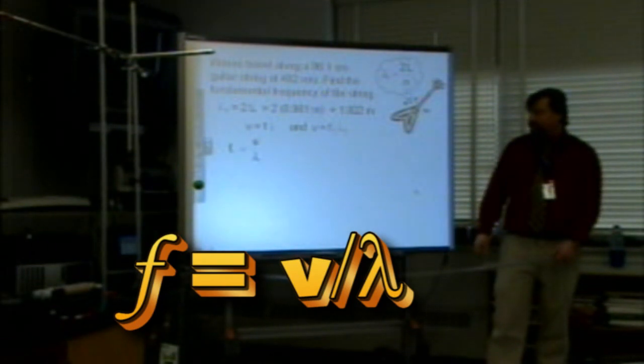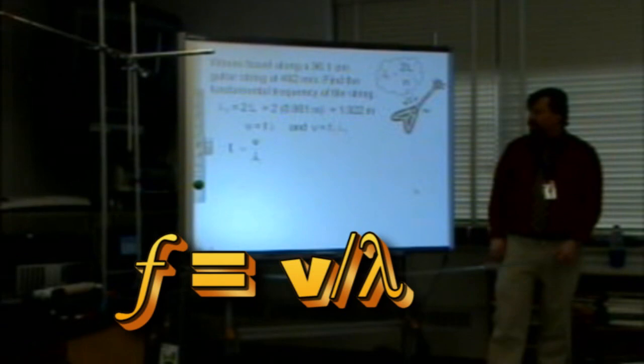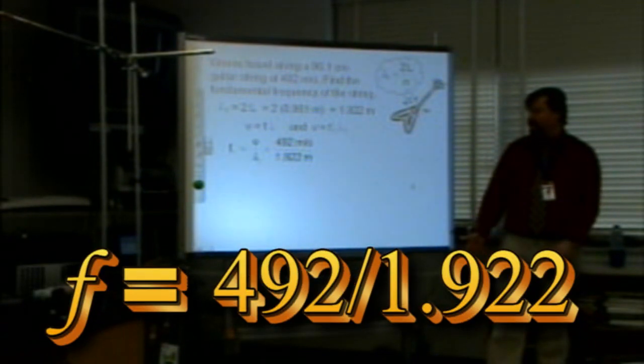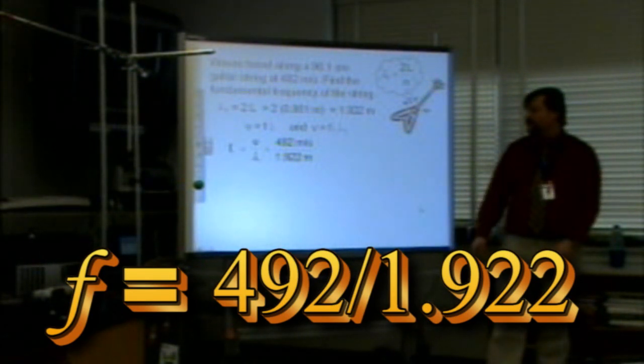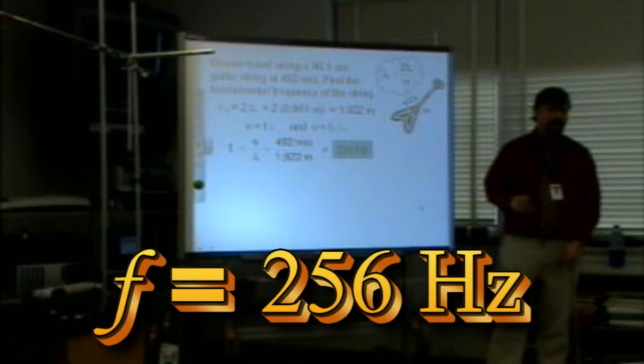So we have our speed divided by our lambda, 492 divided by 1.922 meters. And that gives us our fundamental frequency, 256 hertz, or cycles per second, or vibrations per second in a guitar.